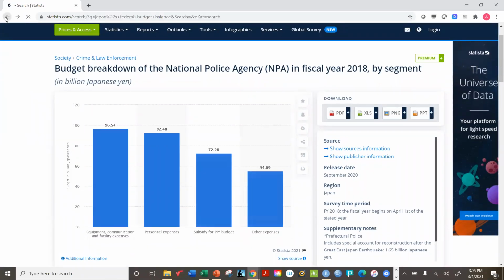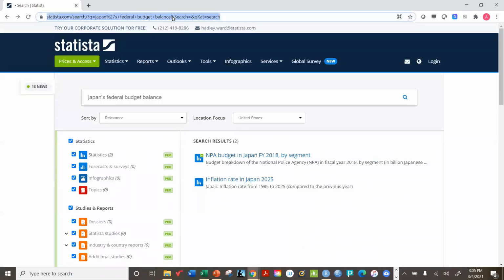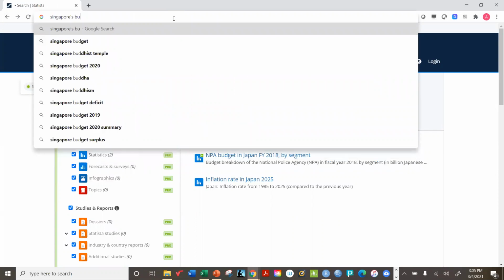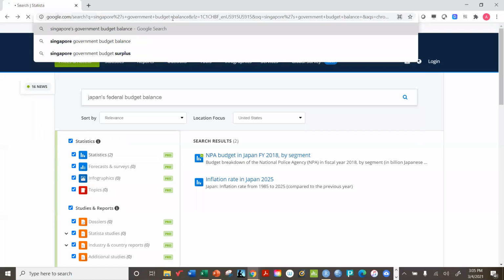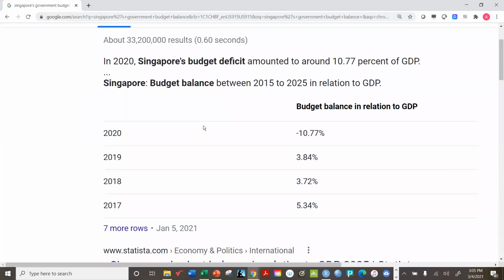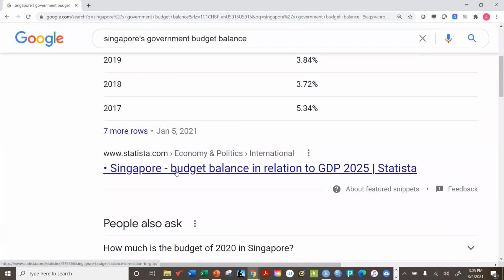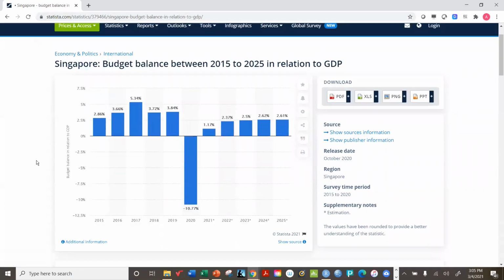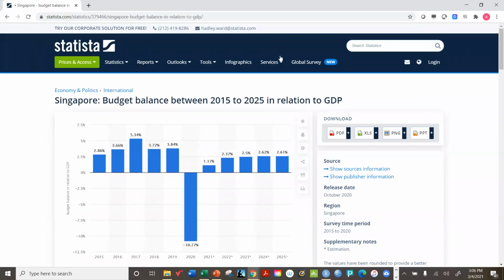No, that's not what I wanted. All right, maybe I'll go over here. Okay, yeah, they did have one until, of course, COVID came along. That's interesting. Wow, look at that. Okay, well, let's look at ours.